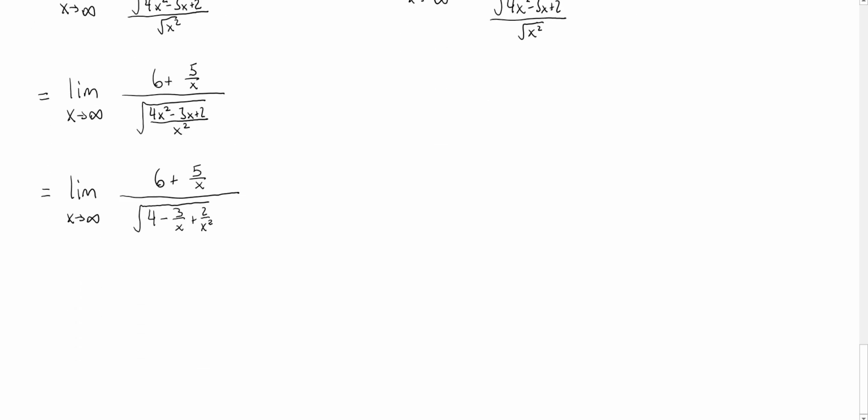And finally, when we plug in infinity for x, 5 over infinity, 3 over infinity, and 2 over infinity are all 0. So we would be left with 6 over the square root of 4, which is 6 over 2, for a final answer of 3.